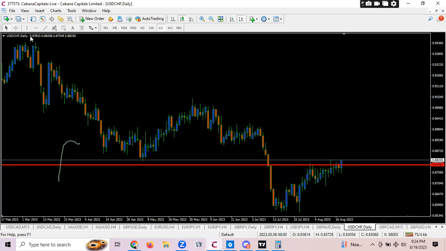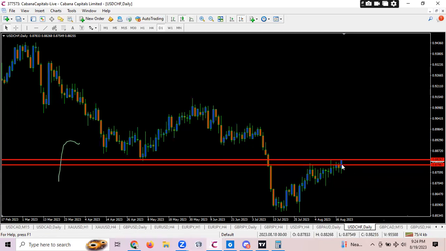And I think what they did last Friday was to clear the buy stop orders and stop losses at this level, the high of this candle. And if you go back, you will see that it was a previous support turned resistance. So there's a probability that price is likely going to start dropping from that level.